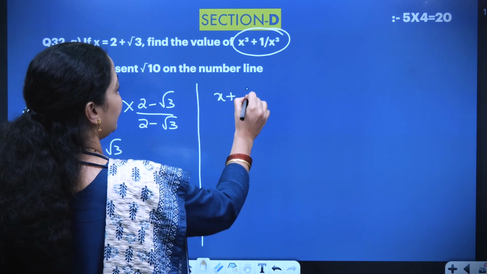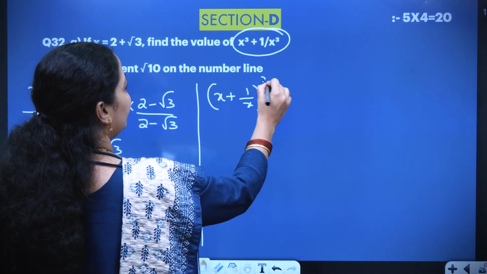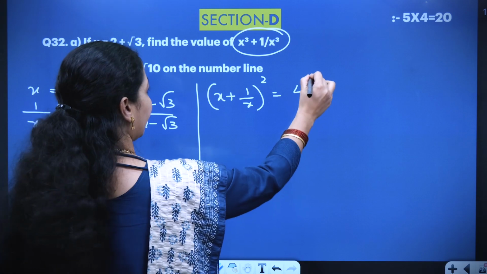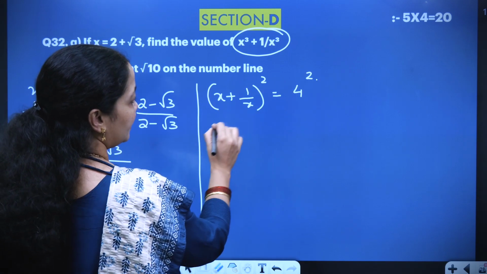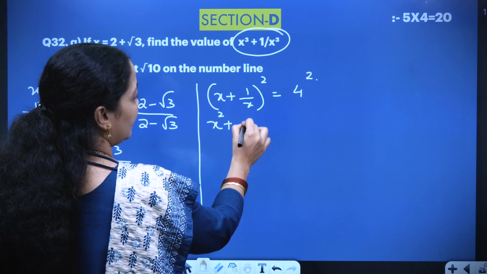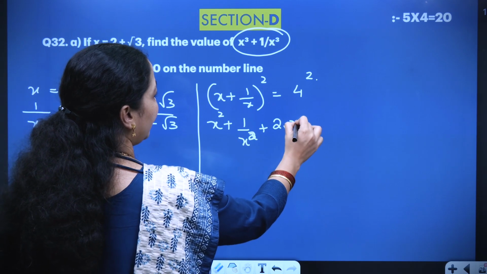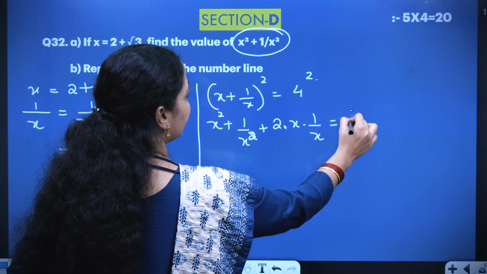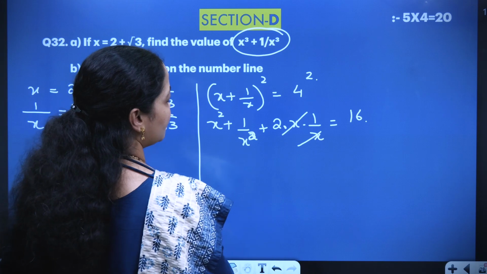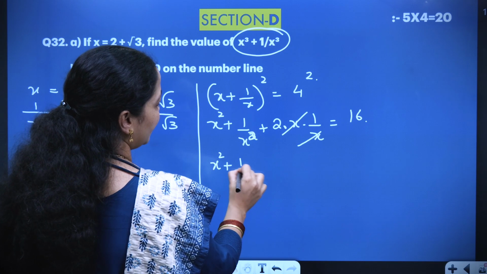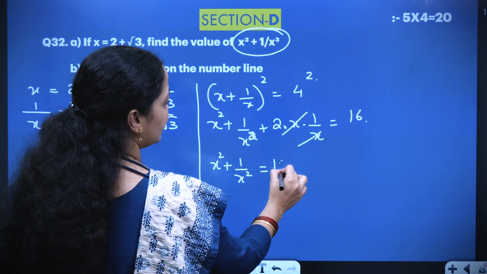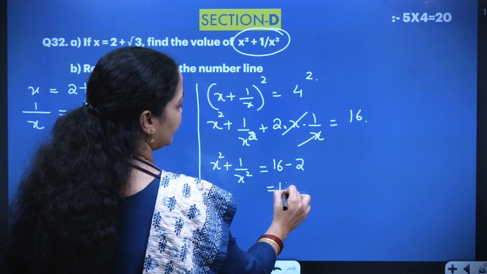X plus 1 by x the whole square equals 4 square. This is a plus b the whole square, a square plus b square plus 2ab, which gives me 16. The x and x are gone, so x square plus 1 by x square is 16 minus 2, that is 14.